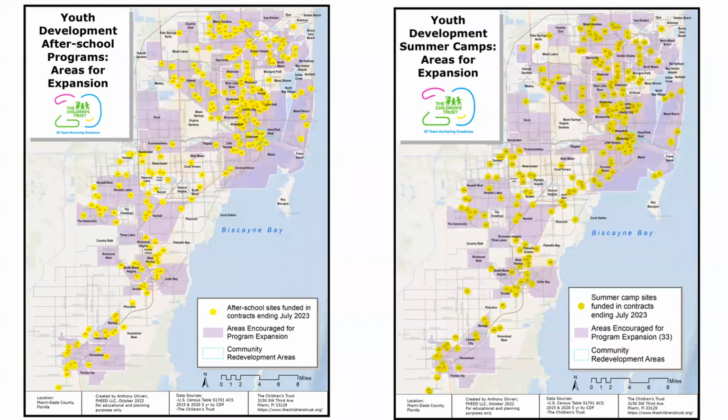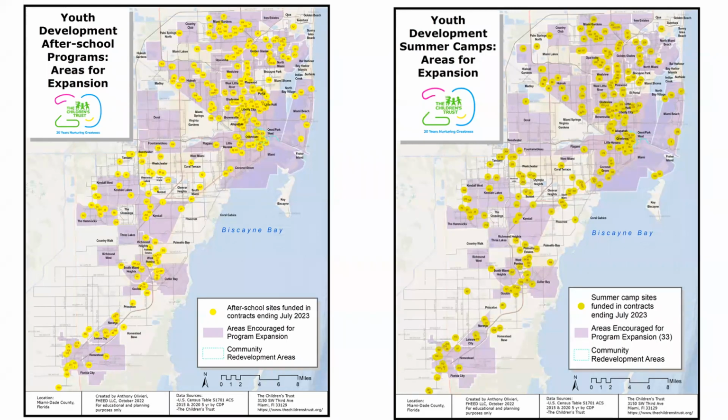The first map on the left is for school year sites, and the one on the right is for summer sites. The areas in need of more YD services are identified in purple, and the yellow dots are the sites that are currently funded for youth development by the trust.